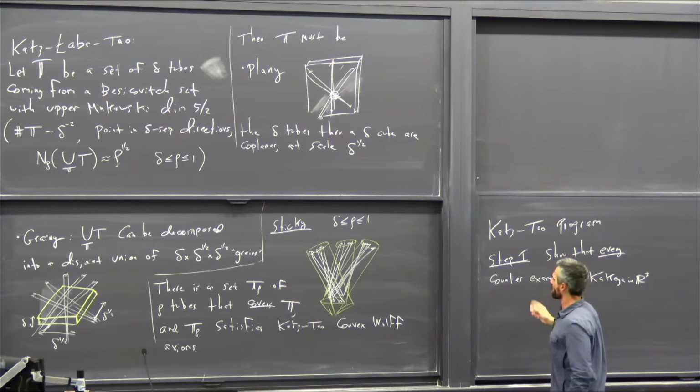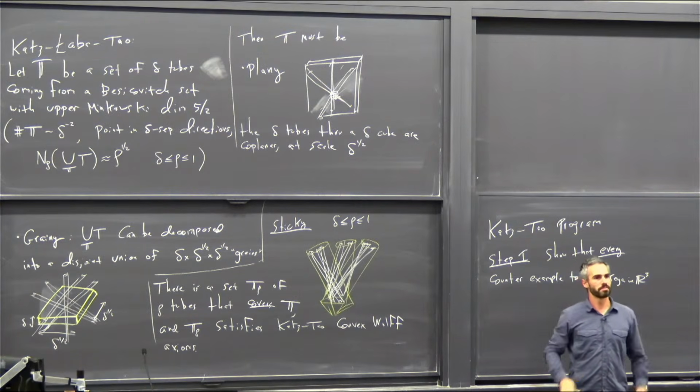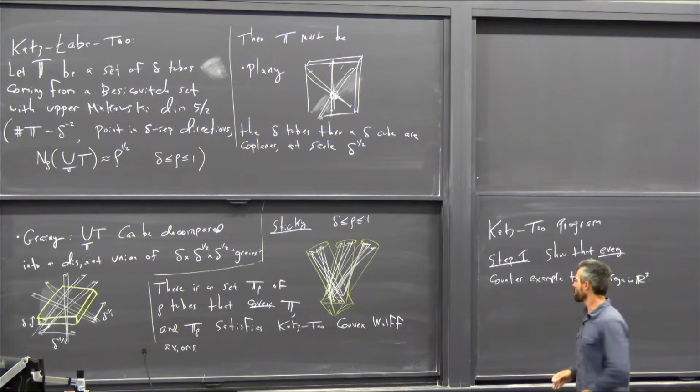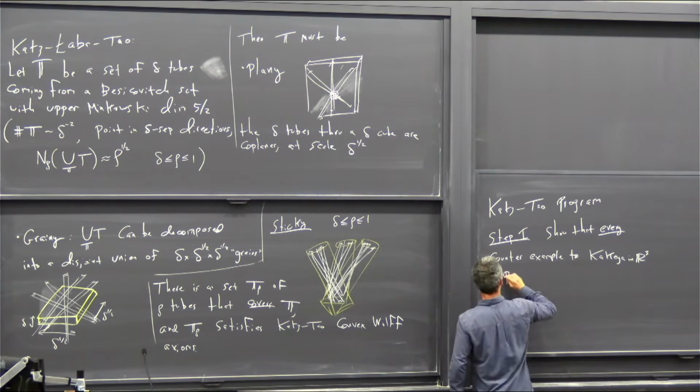And what do I mean by every counterexample? I mean a Besicovitch set in R3 which has dimension, for some notion of dimension, strictly less than 3. So that every counterexample to Kakeya is plany, grainy, and sticky.